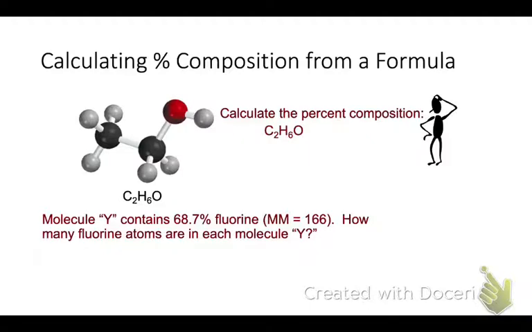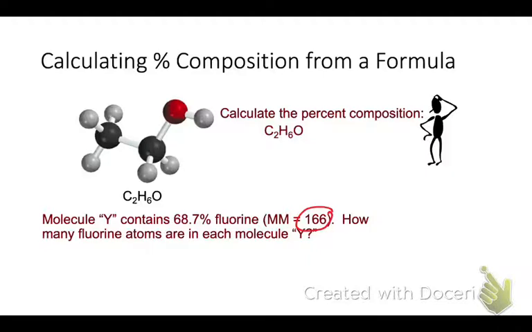Here is another question that is very interesting and I would like to teach you some skills about it. The question reads, molecule Y contains 68.7% fluorine. The molar mass of compound Y is 166. How many fluorine atoms are in each molecule Y? If you read the question, it might really be overwhelming.